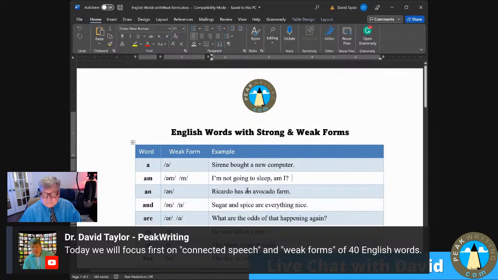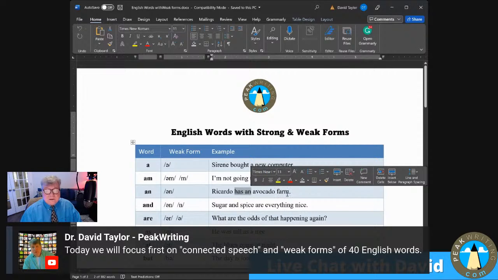Here's the word and. Again, you're going to hear that linkage between the verb and the article that follows it. Ricardo has an avocado farm. Ricardo has an. Hear that linkage?